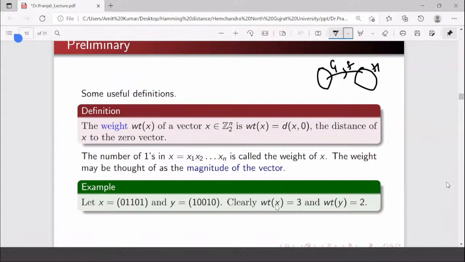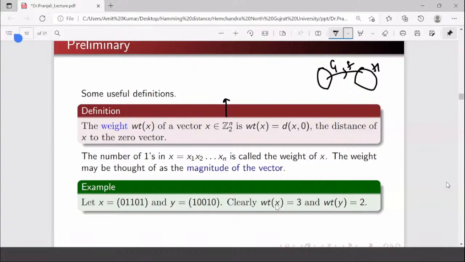Now there are some useful definitions because we have to relate it with Hamming distance. So let us know what the weight of a vector is. Since the elements are coming from Z2 to the power n, it is taken intentionally because the code which we want to send has to be converted into binary. So 0, 1 is required. That's why the elements of Z2 to the power n have been taken. Now, the weight of a vector is what? Take the distance of this vector from the 0 vector.